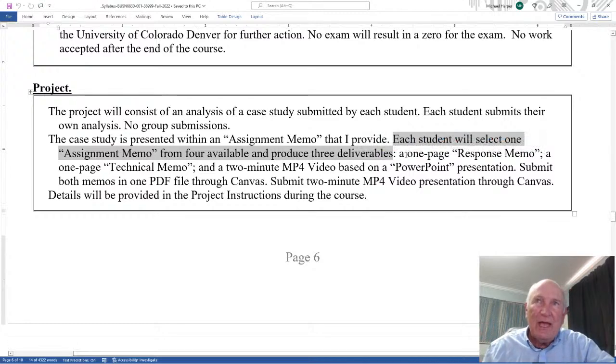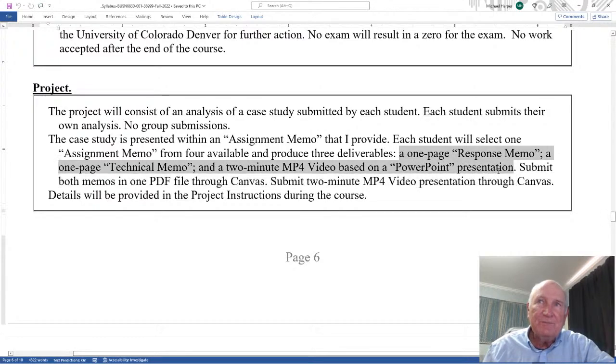1, a 1-page response memo. 2, a 1-page technical memo. 3, a 2-minute MP4 video based on a PowerPoint presentation. Now, I don't describe what these are here. I will go into depth on what the response memo is, what the technical memo is, what the MP4 video is all about.